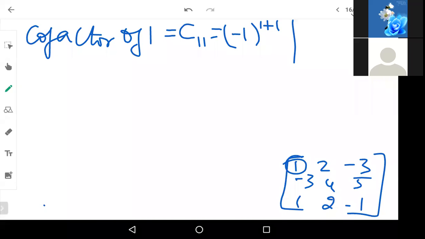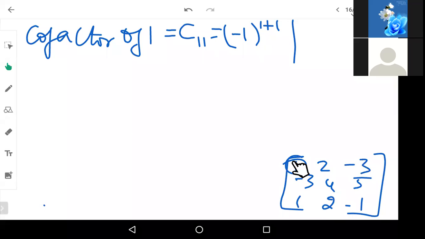This is a 3 by 3 matrix. Guys, this is a 3 by 3 matrix. How do we find the minor? It is not a 2 by 2 matrix. How do you find a minor in a 3 by 3 matrix? See, that is where you will go wrong. Be very careful.